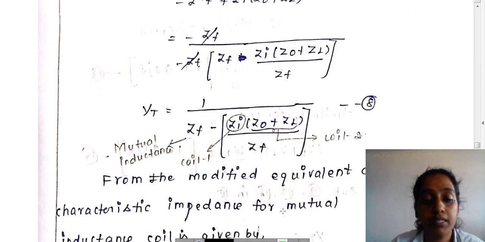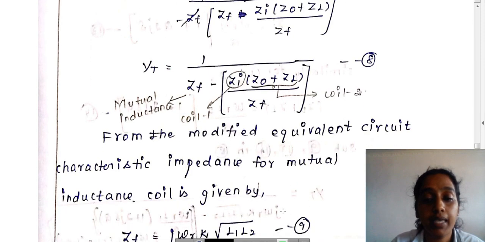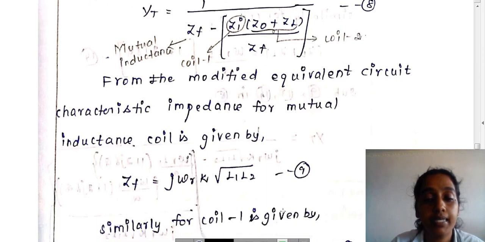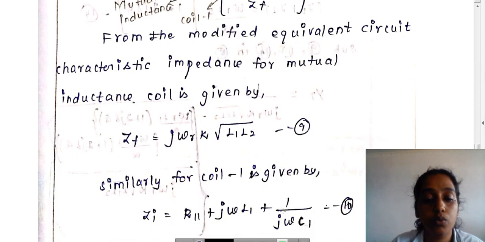From the modified circuit, the characteristic impedance for the mutual inductance of the coil, Zf, is given by j omega r k into root L1 L2. Similarly, for coil 1, Zi is R11 plus j omega L1 plus 1 by j omega C1.